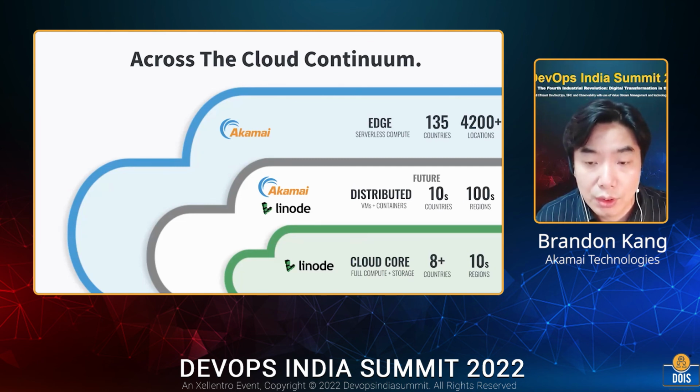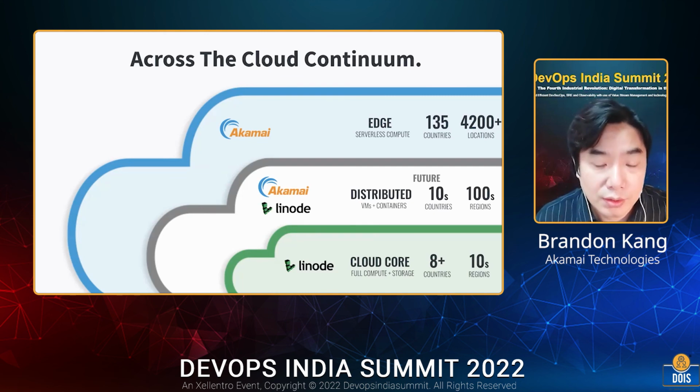Akamai Technologies acquired Linode early this year because we believe that Linode is one of the easiest to use and most trusted alternative cloud service providers. Now, Linode has cloud core systems in 8 countries out of the 10 regions, and Akamai edge platforms are in over 135 countries, with more than 4,200 locations.